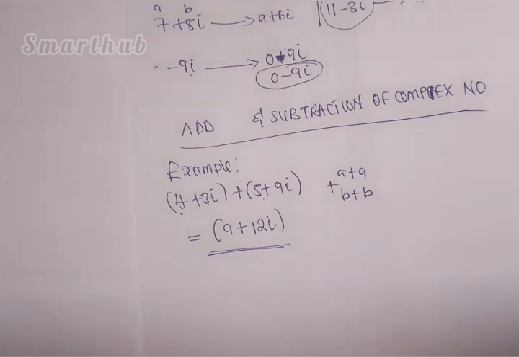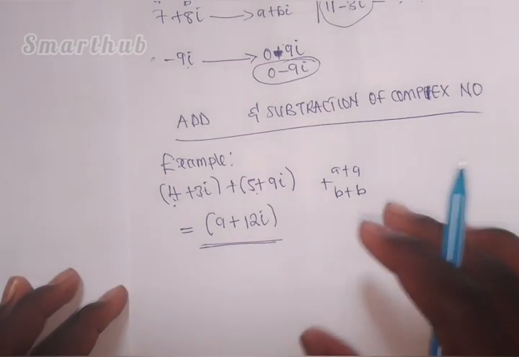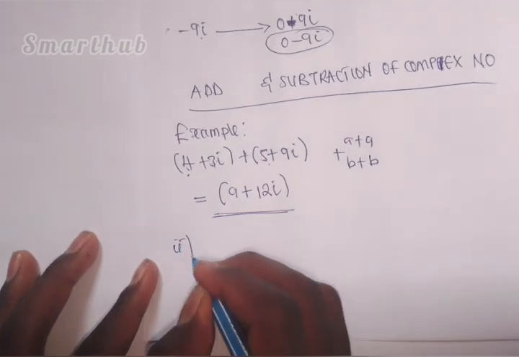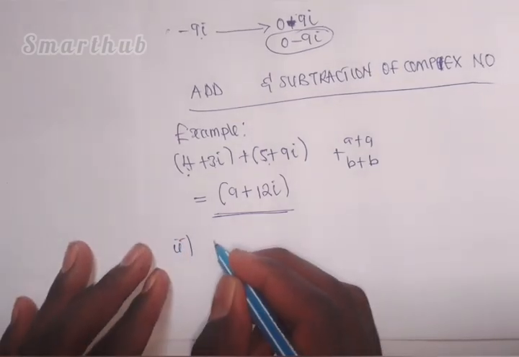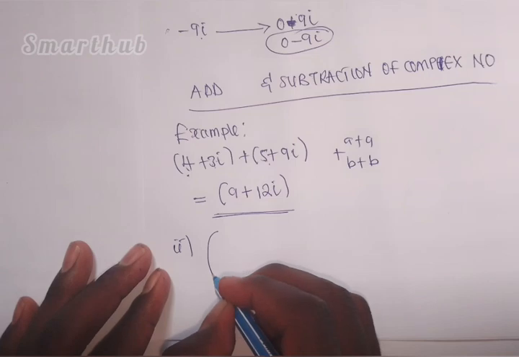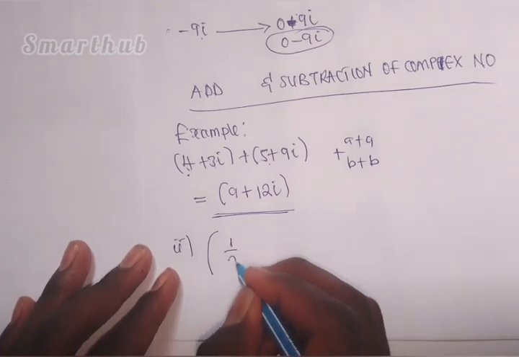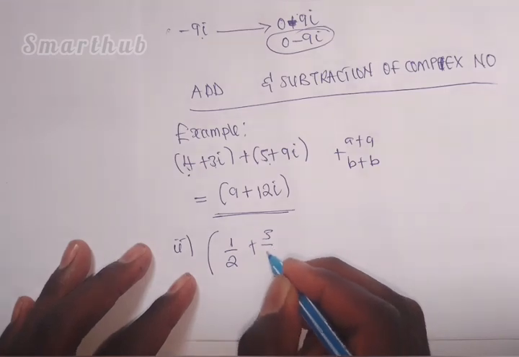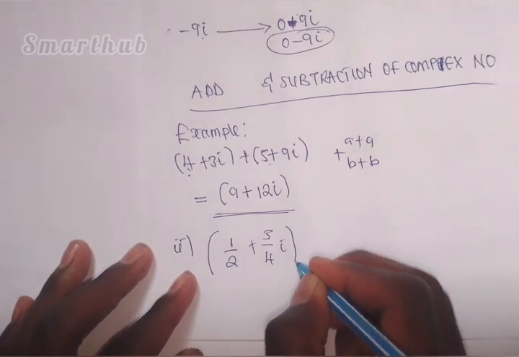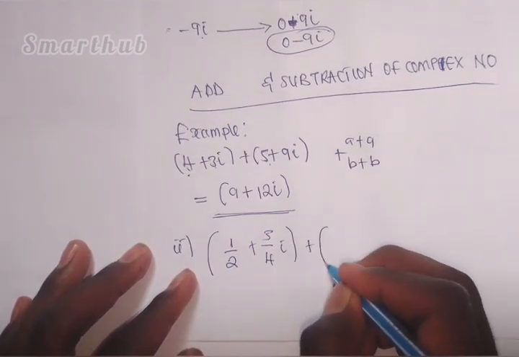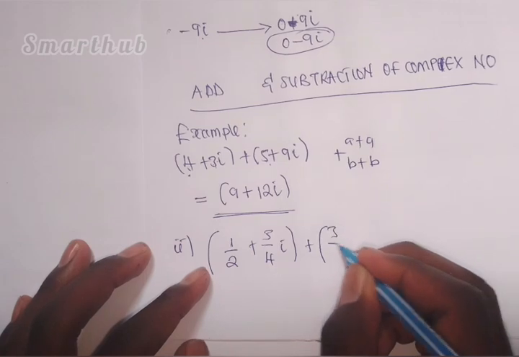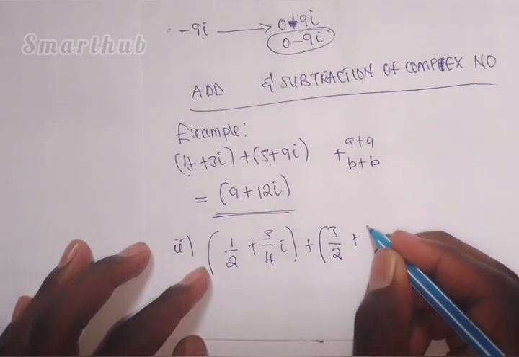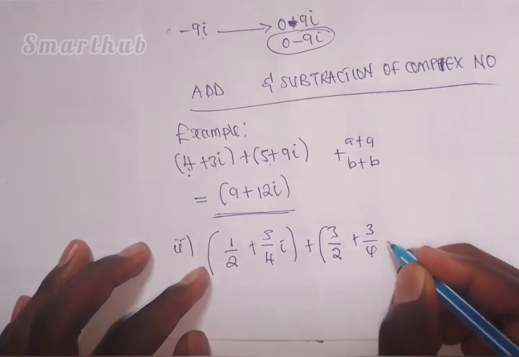Let's say you've been given 1 over 2 plus 3 over 4i, plus 3 over 2 plus 3 over 4i.